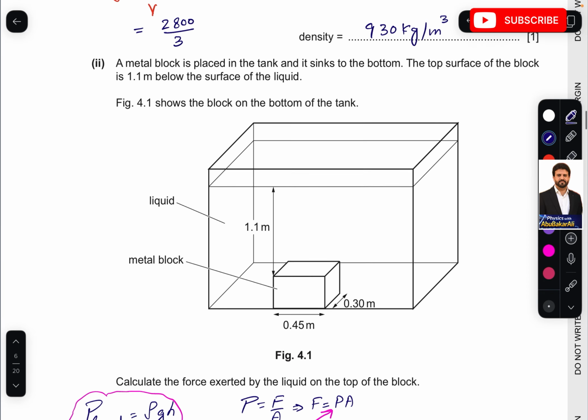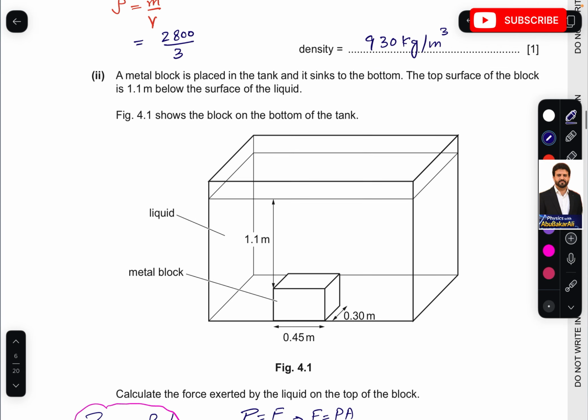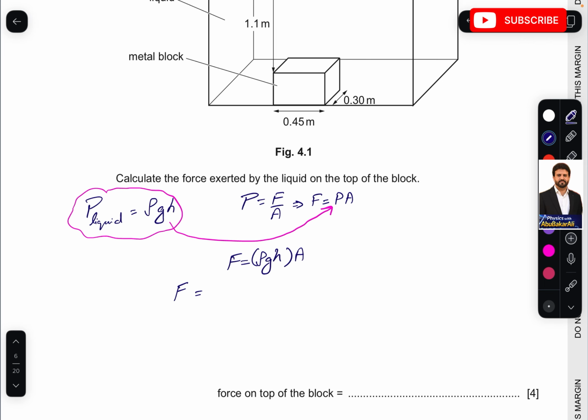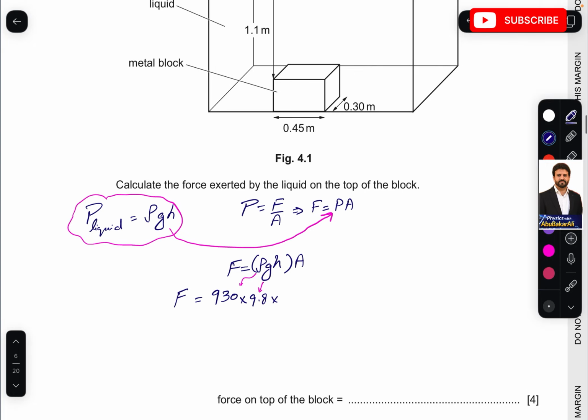So what is the density? Density I have calculated above, it is 930. I'm putting the values of these things here, right? g is 9.8, h is 1.1, and how can I find the area? I have these two dimensions. So area of the block is 0.45 into 0.30.